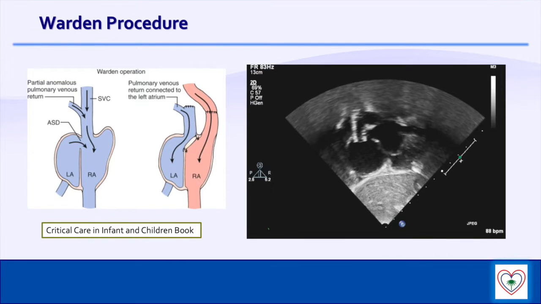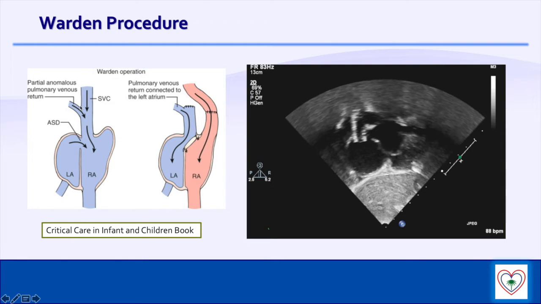This surgical procedure is called the Warden operation, which is used for patients who usually have sinus venosus ASD and partial anomalous pulmonary venous drainage into the SVC.